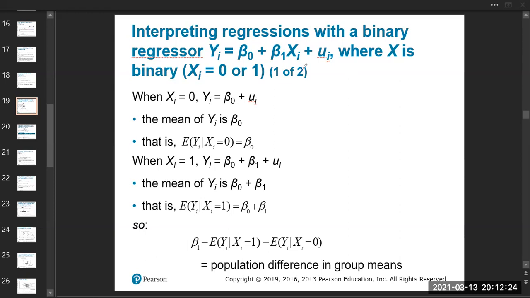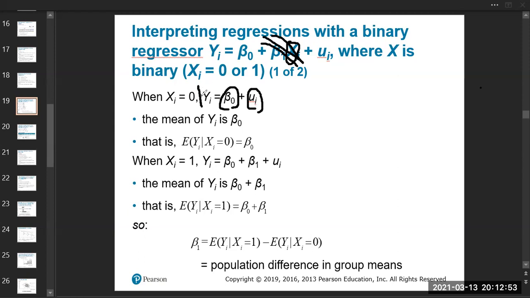If this term is 0, then this term is canceled, right? Because anything times 0 equals 0. Then what do we have? We have beta 0 left, and we have u_i left.